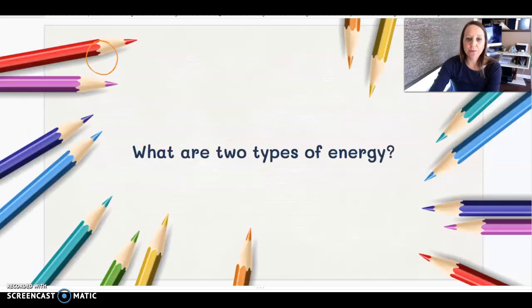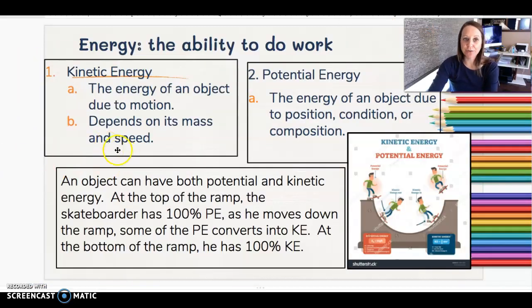So, quick review, we have two main types of energy: kinetic energy and potential energy. The definition of energy is the ability to do work. Kinetic energy is the energy that an object has due to its motion. So anytime something is moving or has motion, we would say it has kinetic energy. This even applies to really small particles or small molecules.